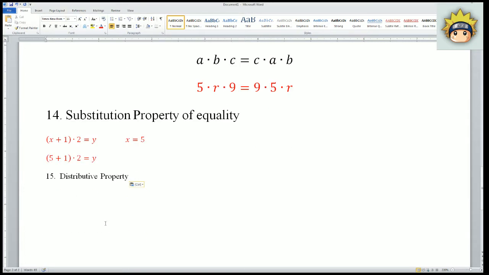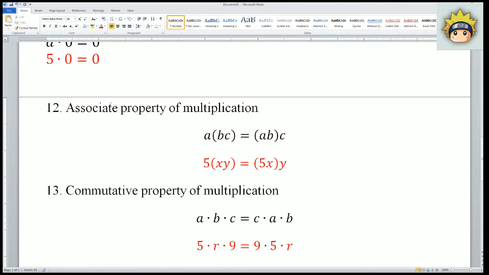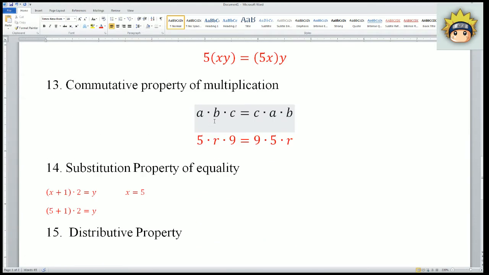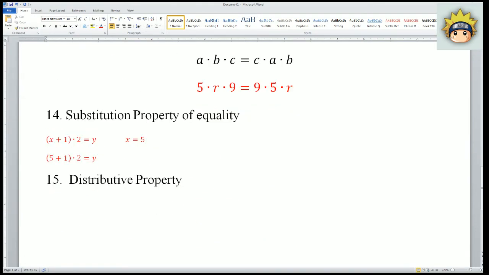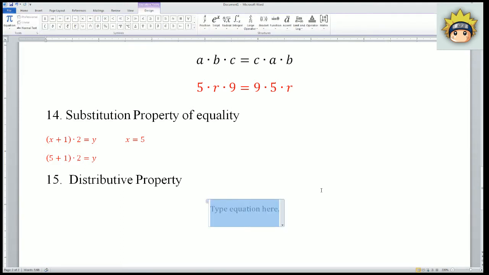15. Distributive property. Many of you get the distributive property and the associative property confused. So let's really talk about it. For the distributive property, you're going to have an equation. You're going to have something out in front. Let's just call that A. And you're going to have a parentheses. Let's just make that B plus C. Close the parentheses.